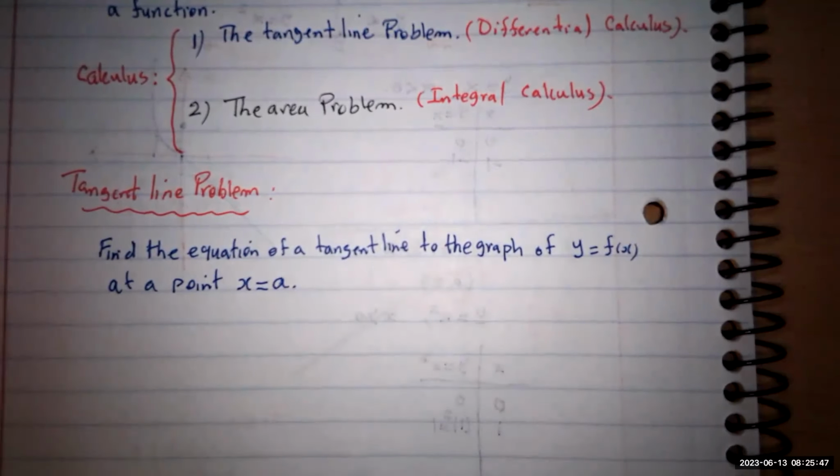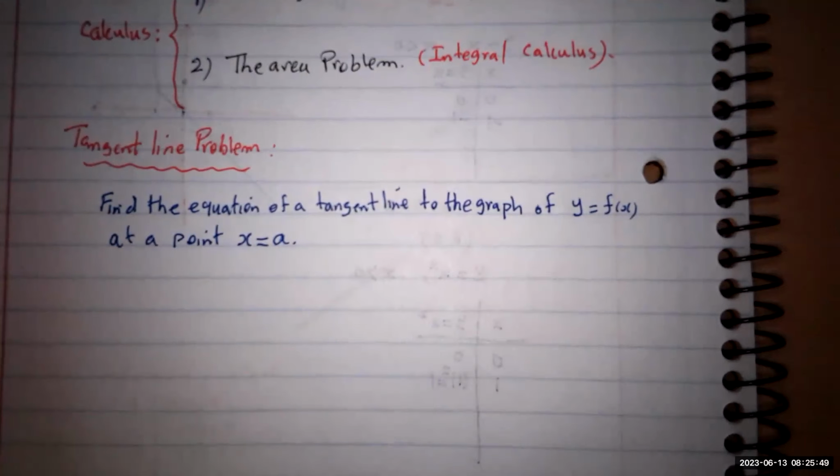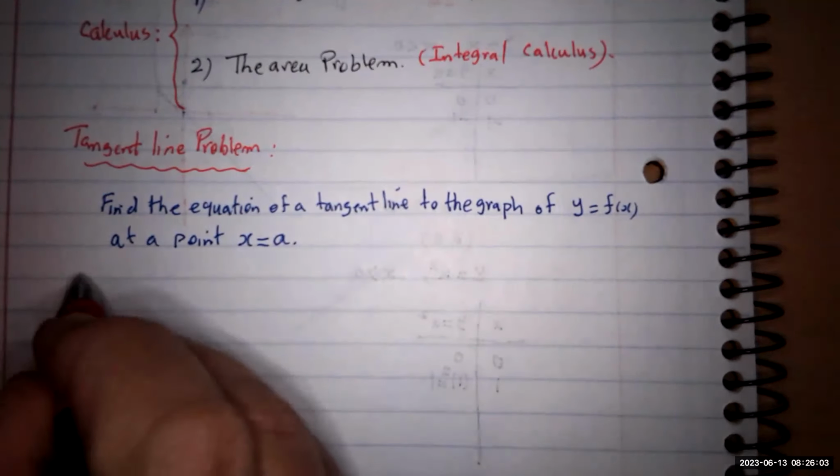That's the famous original problem of Isaac Newton. What is going to be the equation of a tangent line? Okay, so let's see how we're going to solve the problem. Solution.